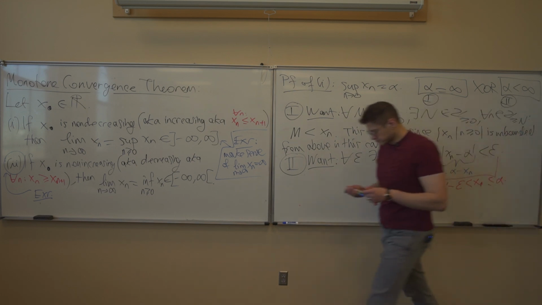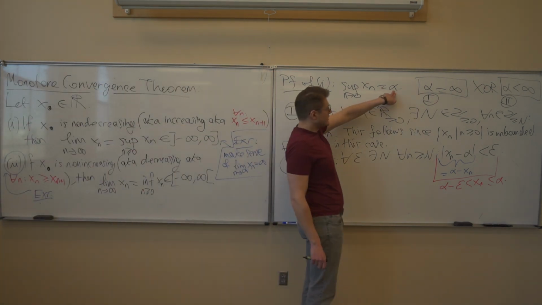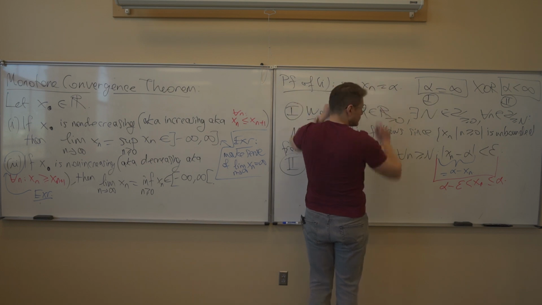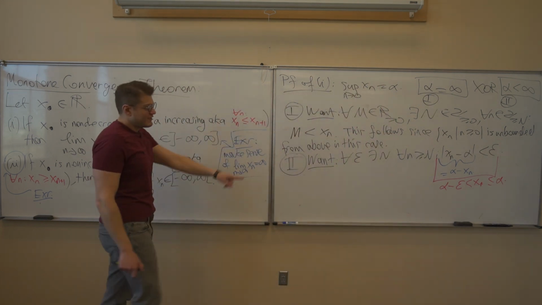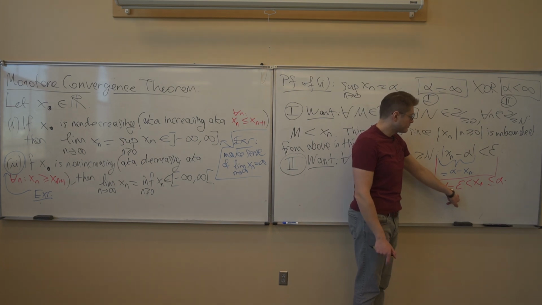Okay. Well, by definition, alpha is a finite number. That's my case. And it's a sup of the tail. So given any epsilon, I know that alpha minus epsilon is not an upper bound.